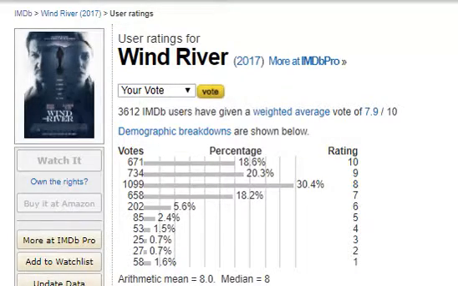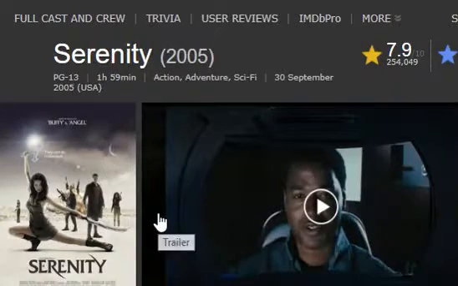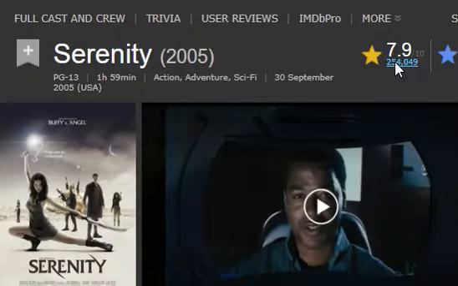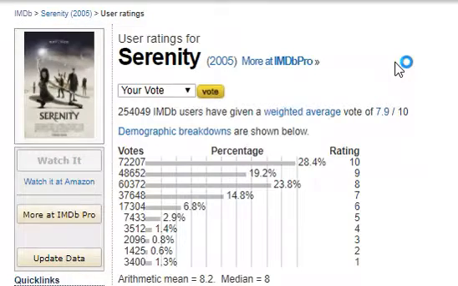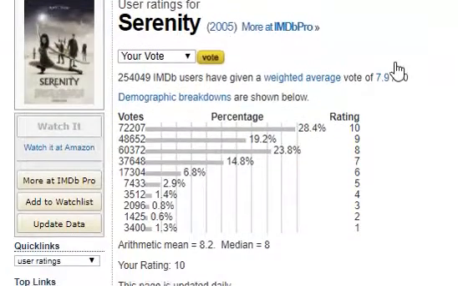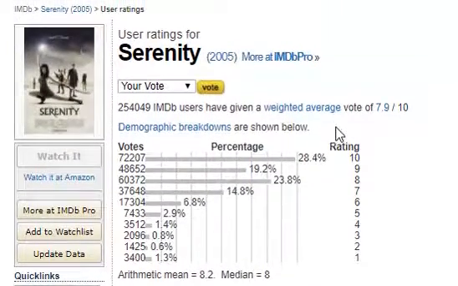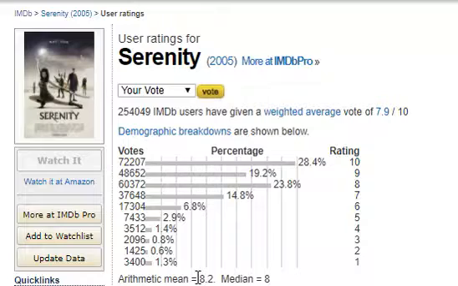Now, let's look at another movie. We'll look at the movie Serenity, which is one of my favorites, which has considerably more reviews. And sadly, we'll never get a sequel, it seems. So we see here that the arithmetic mean is 8.2, but the median is 8.